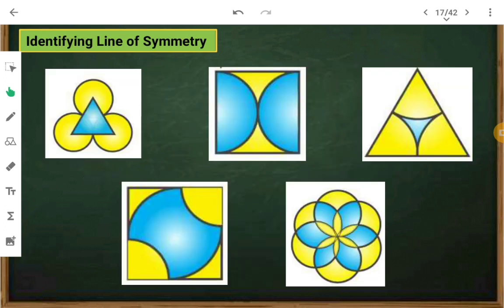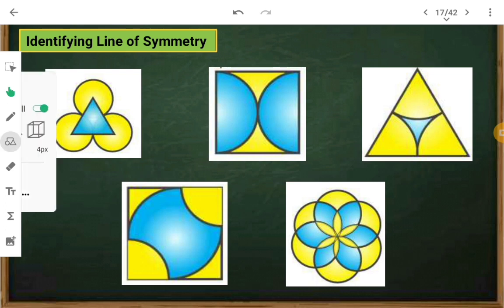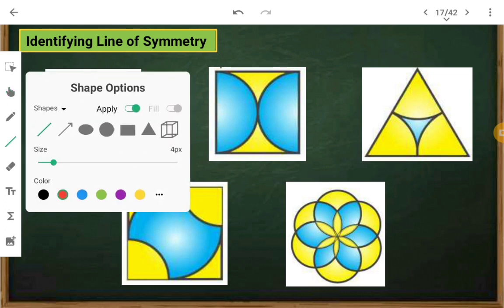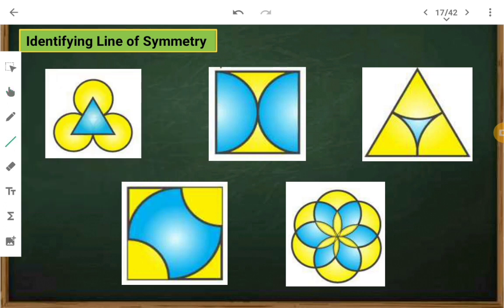Now, we'll see the line of symmetry for the shape. Where you can draw the line of symmetry, or how many lines of symmetry you can draw for this. Yes, you can guess it. Here, this is one line of symmetry.